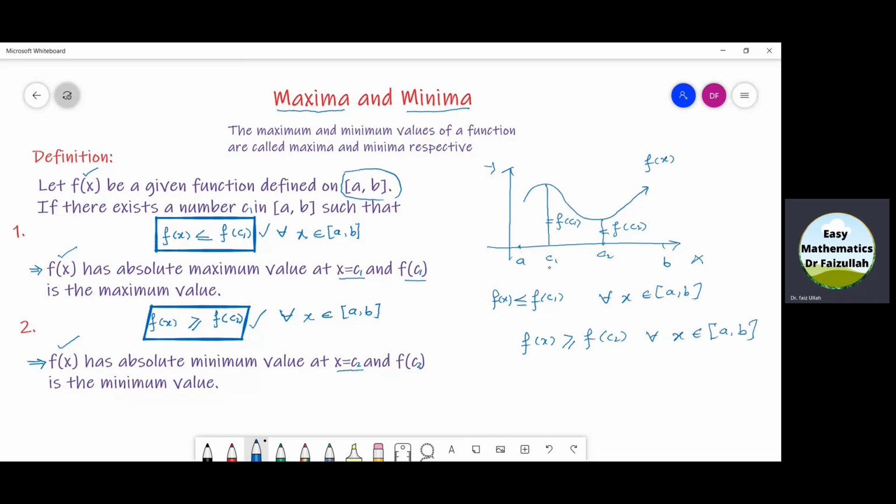In other words, if I take any value from this interval a comma b and put that value in the function f of x, I get that f of x is greater than or equal to f of c2. So f of c2 is the minimum value of that function.